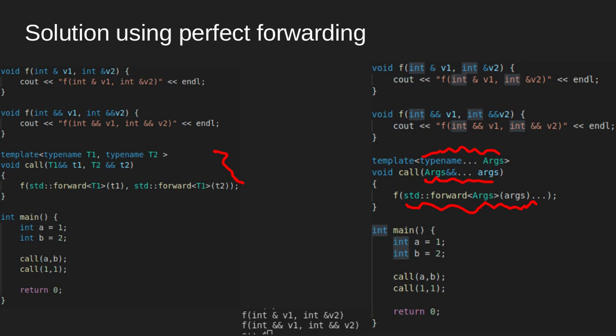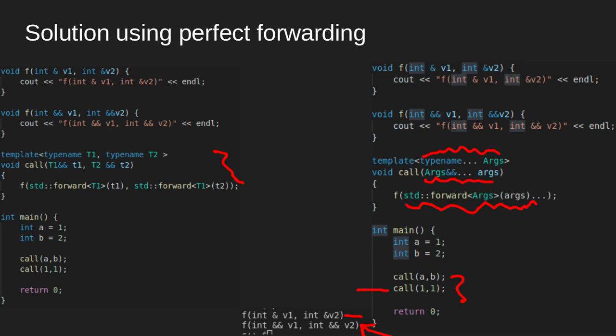So this is an easier way to do perfect forwarding. Also here, if I call a, b, the output will be the first function, and if I call 1, the output will be the second function, as expected.